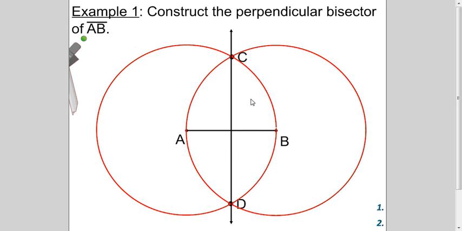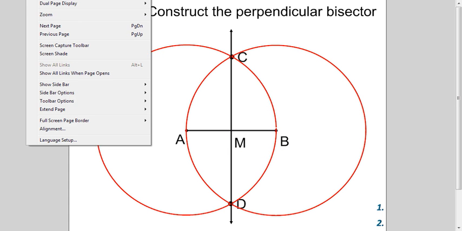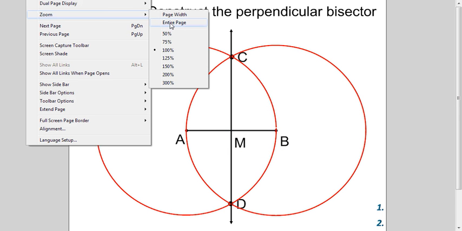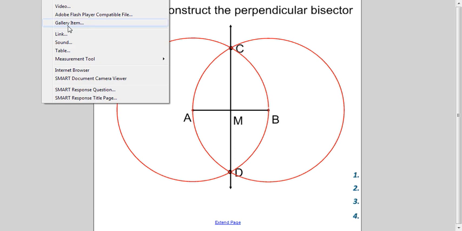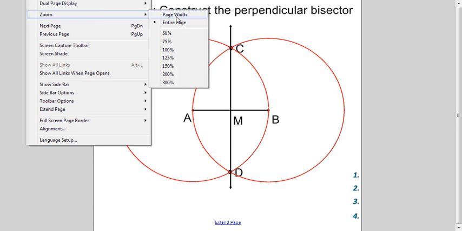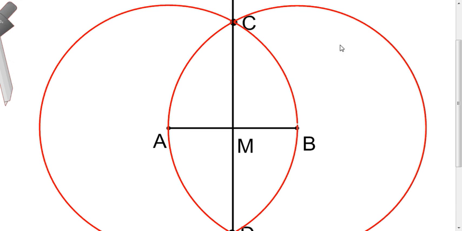And so let's call this midpoint over here M. And let's verify a few facts about it. Both segments we have should have the same length, AM and BM, and we should have a 90-degree angle here.